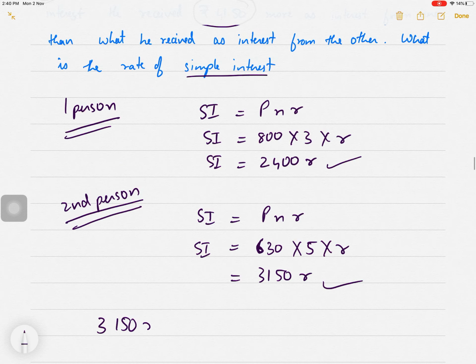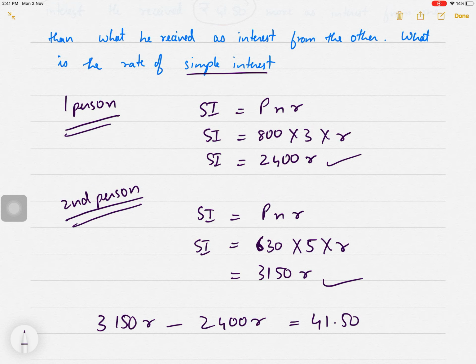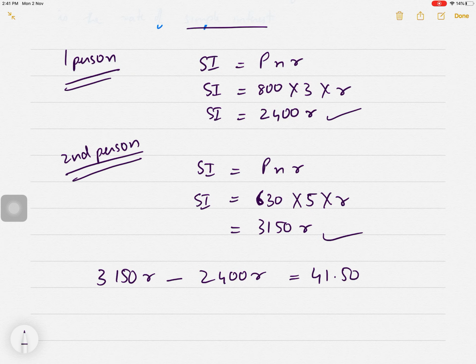So 3150 R minus 2400 R is equal to 41.50, which is given.